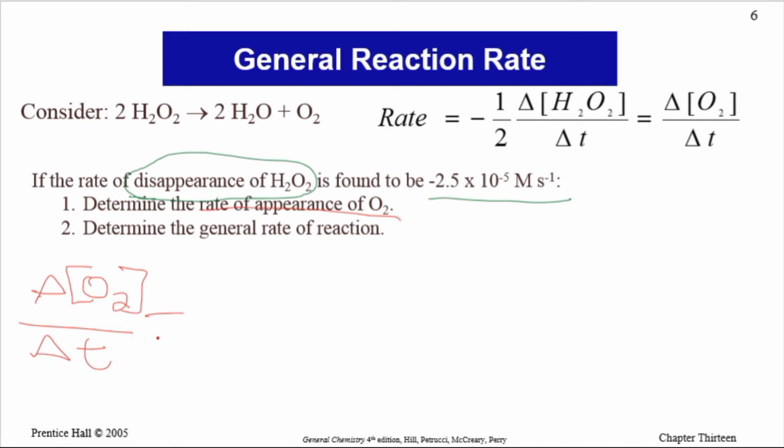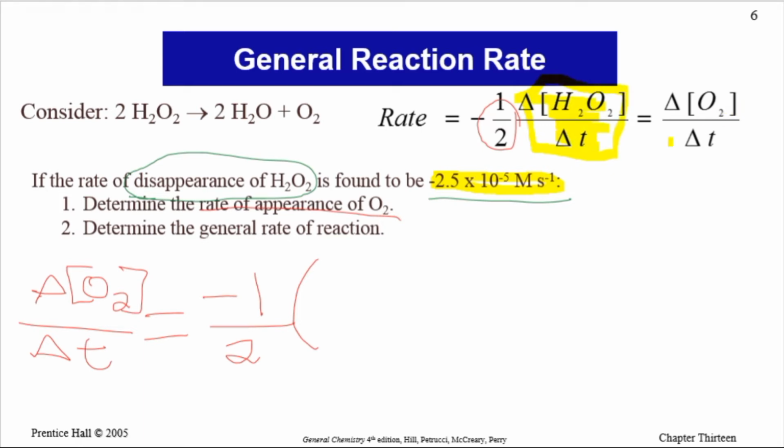Specifically for oxygen. So we're going to equal that to negative 1/2, which gets pulled from right here, times the change in concentration of O2. And remember, the change in concentration of H2O2, that was this right here, that was what was given. That's equal to this entire thing. Pretend this is like our given.